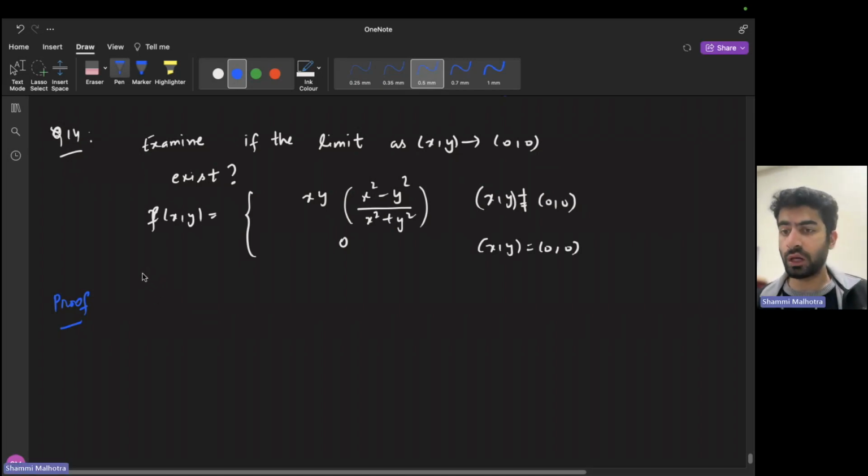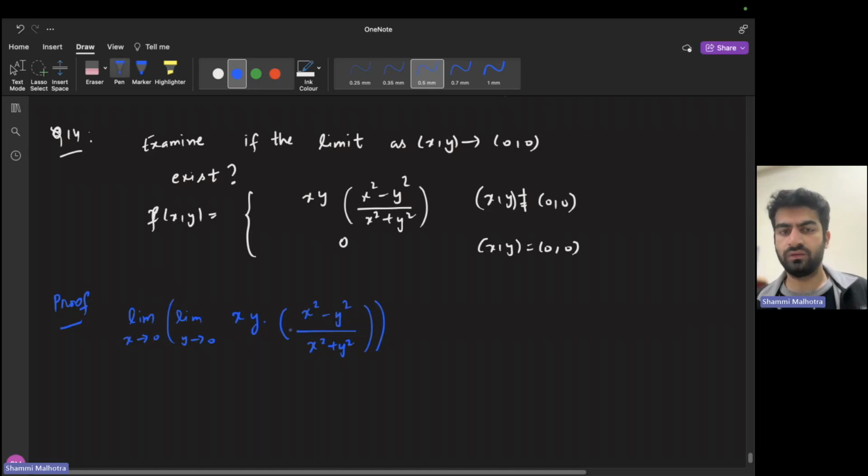So first, let us evaluate the iterated limit to see what could be the value of our limit, if it even exists or not. Limit x tending towards 0, limit y tending towards 0, xy(x square minus y square) divided by x square plus y square.